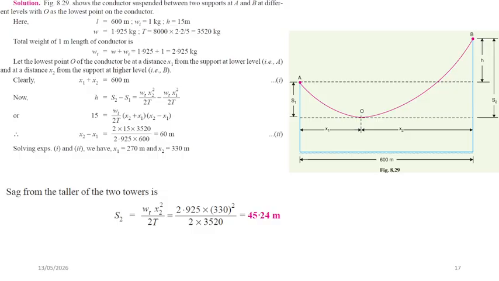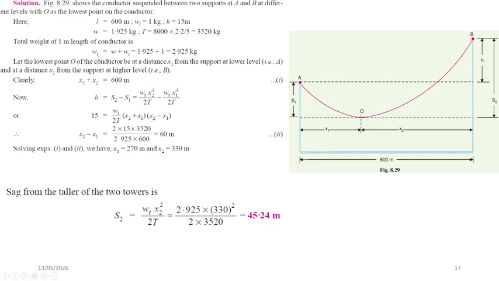Similar to the previous one, L is equal to 600 meter, Wi, the ice weight, is equal to 1 kilogram, H is equal to 50 meter, W is equal to 1.925 kilogram, T is equal to 1000 times 2.2 divided by 5, which is equal to 3520 kilogram.